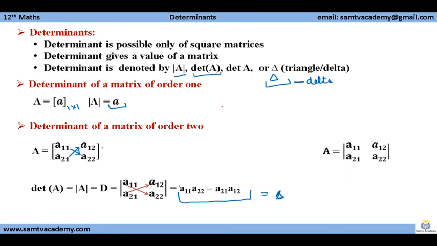Here we have expressed it in a matrix form, and here we have written it in determinant form, which is represented enclosed within two vertical lines. That will be the determinant.